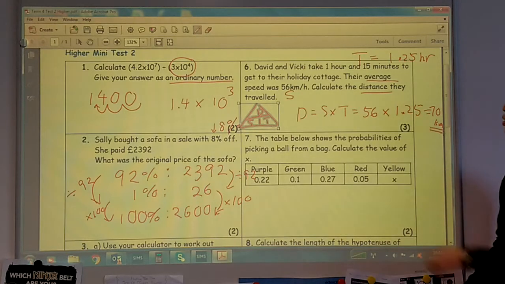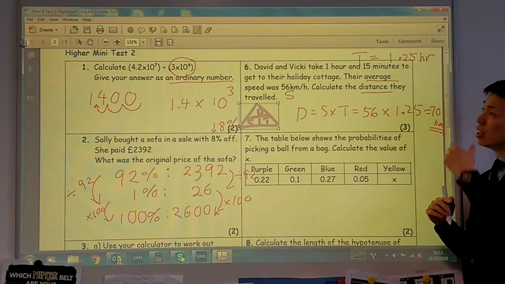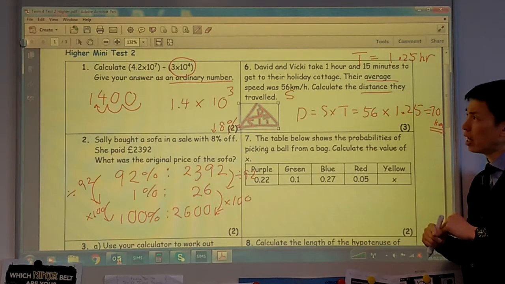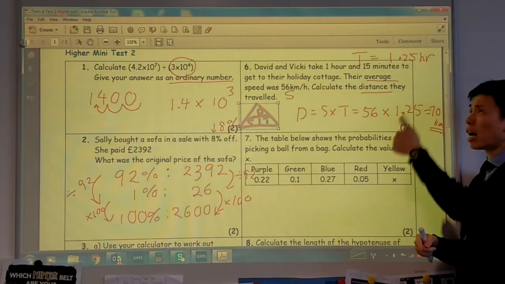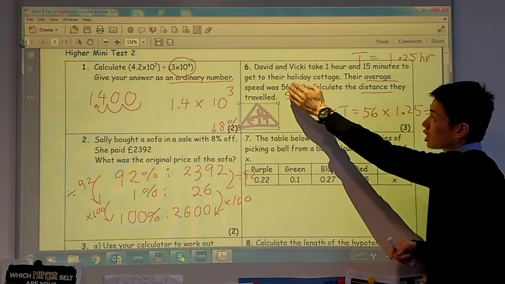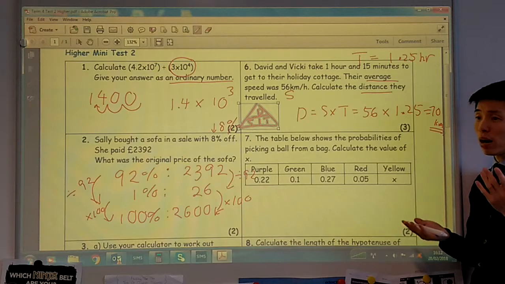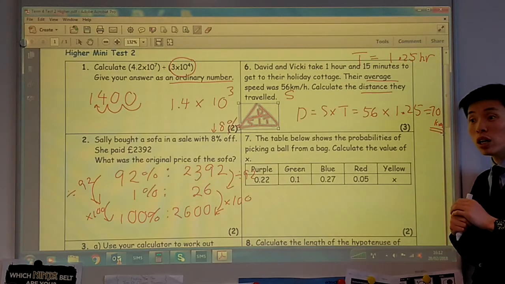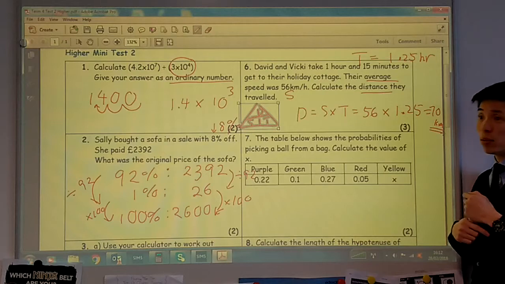So now try to visualize your answer. What does that mean for Vicky and David? Well, a 1 hour 50 minutes journey at a speed of 56 kilometers per hour. That's roughly just about 40 miles per hour in imperial units.